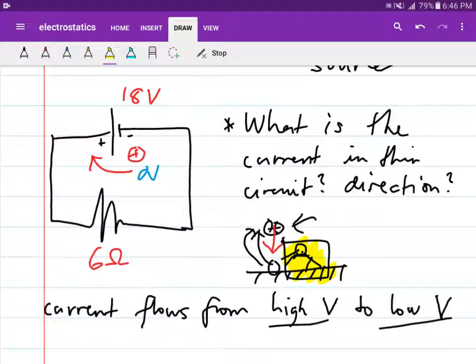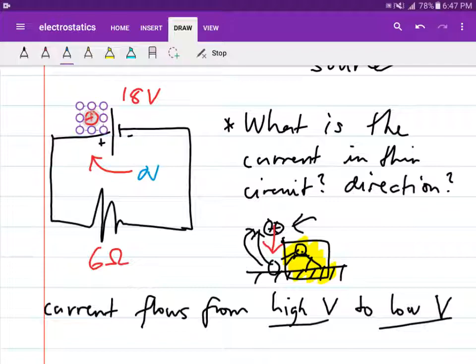So now it carries 18 volts of electric potential energy, a high potential energy.